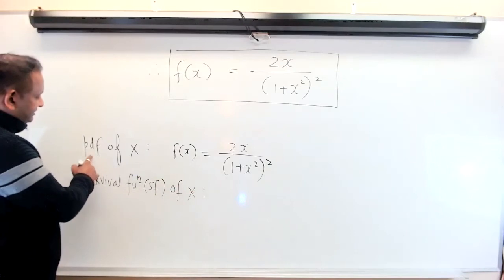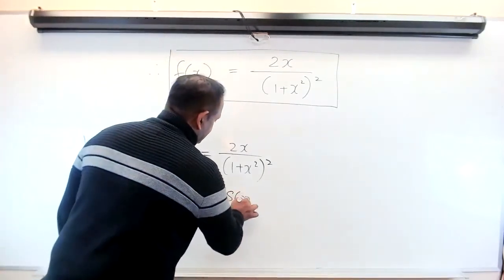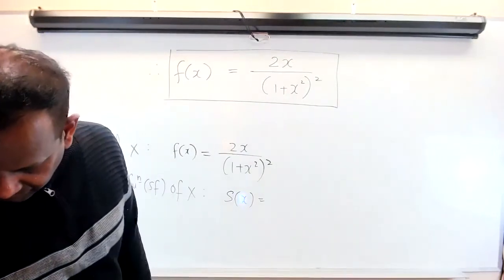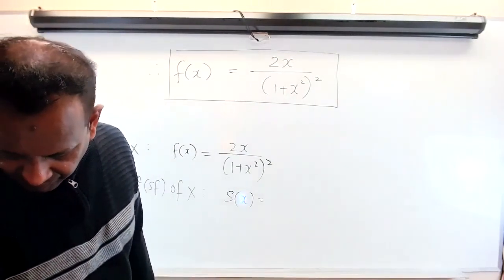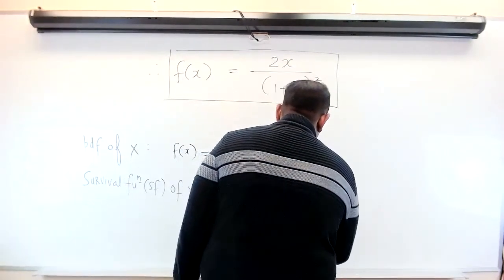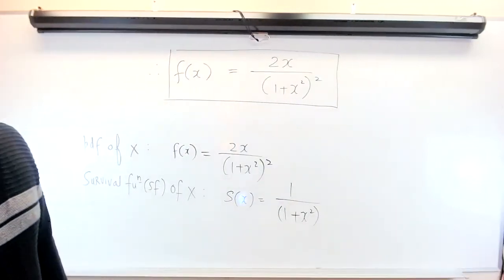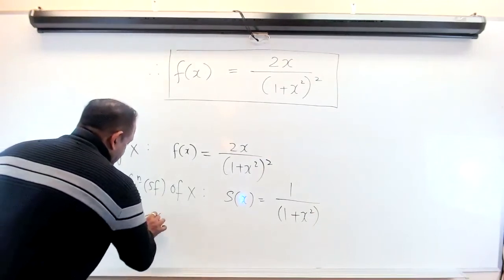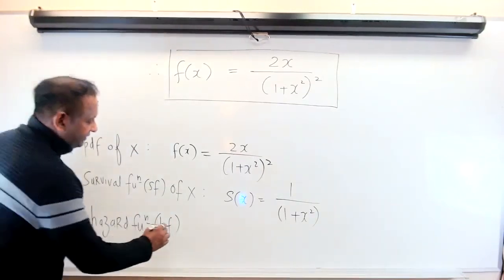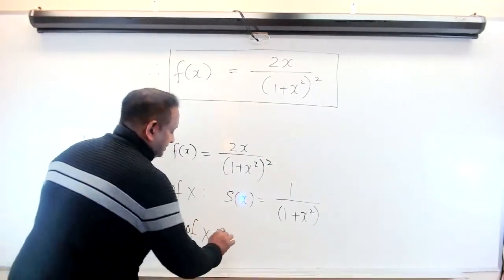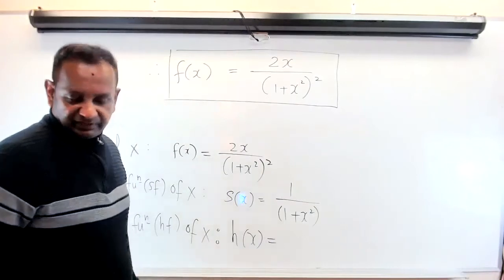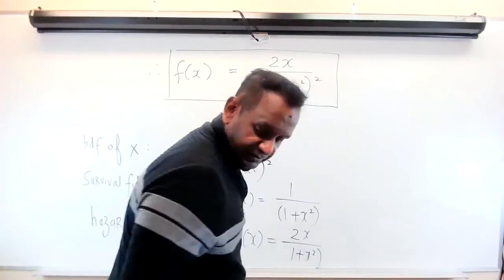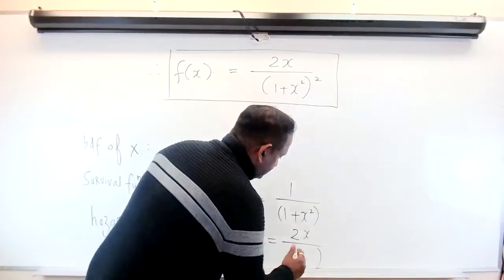We found that one: 1 over 1 plus x squared. And the hazard function, HF of x, which is given in the very beginning, I'm going to write along with this one: 2x over 1 plus x squared.